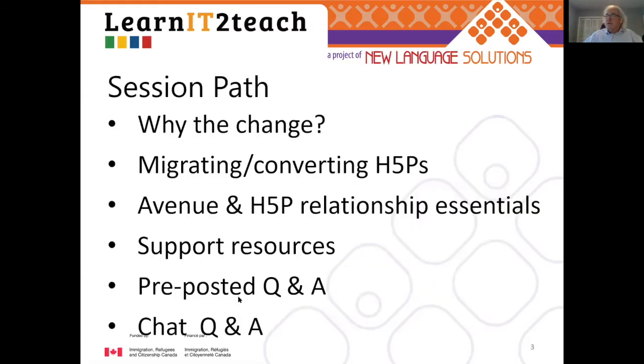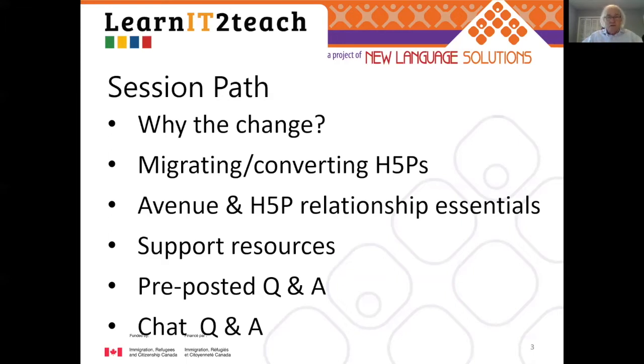So today we're going to talk about why we are changing, why we are moving forward, why we don't just use the old H5P and continue along. We're going to talk about migrating from edulink to Avenue in terms of H5Ps, how you convert H5Ps from the old version to the new version. Avenue and H5P, I've got about 6 or 7 essential issues that you should know about, the relationship between Avenue and the new H5P.